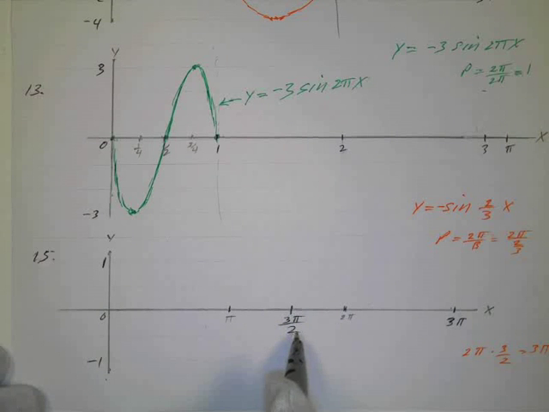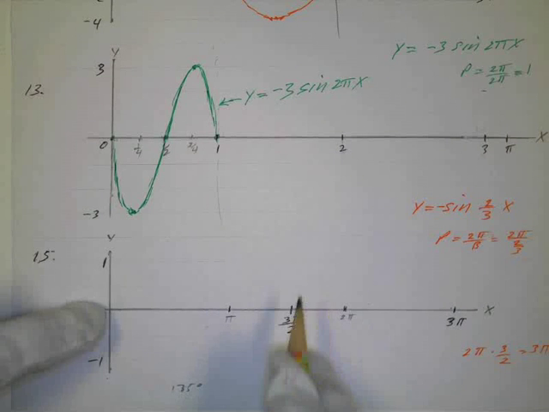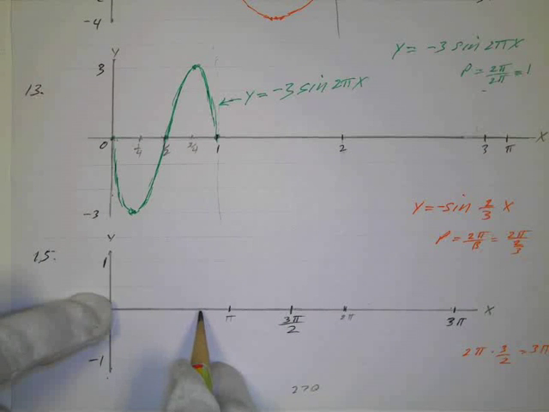Well, it's real easy. We could just take half of that, and that would be 3 pi over 4. And think about it, how many degrees is this? 3 pi over 2 is 270 degrees, so half of that would be 135 degrees, and that's 3 pi over 4. I'm going to have to eyeball that, halfway between there and there.